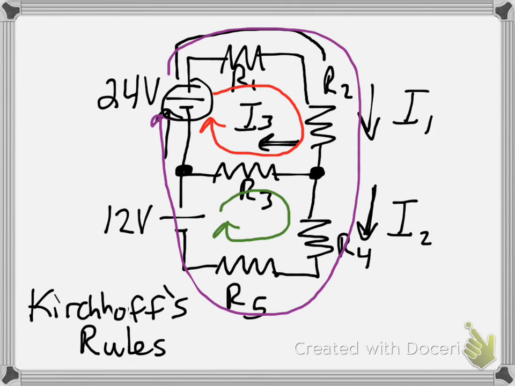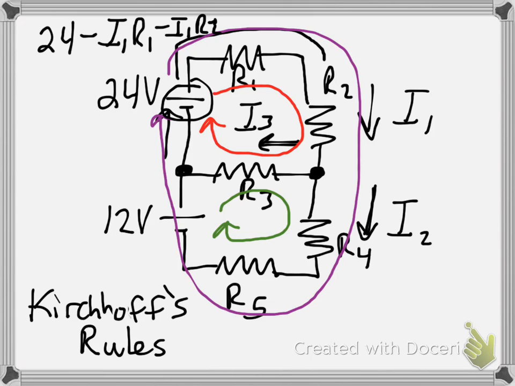And if we use the red loop and the green loop here, then let's start at the battery, and as we go in the direction of R1, we'll traverse the 24 volt guy. So we'll have 24 volts minus I1R1 minus I1R2 and then minus I3R3.